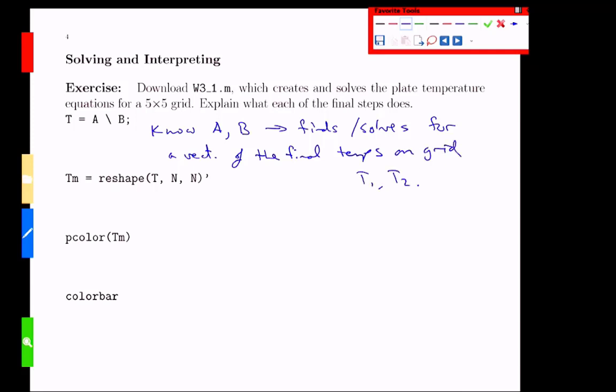T1, T2, T3, all the way down to T25. That's what that calculation did for us. It solved those 25 equations in the blink of an eye, actually, as it turns out.